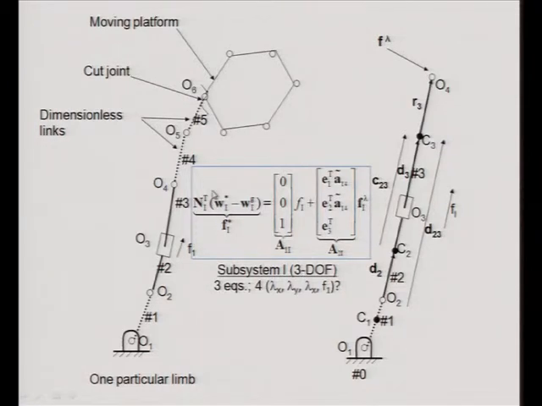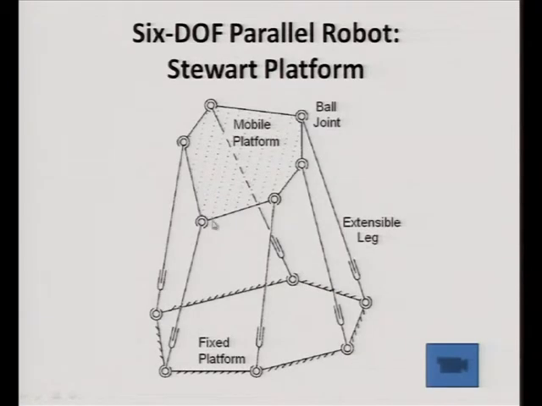Okay. And for your information, here you have a spherical joint and here you have the universal joint, or the Hooke's joint, because the total degrees of freedom has to be 6 in order to obtain 6 degrees of freedom on the moving platform. So, 3 here, 1 the driving motion here, and this is 2: 3 plus 1 plus 2, 6.